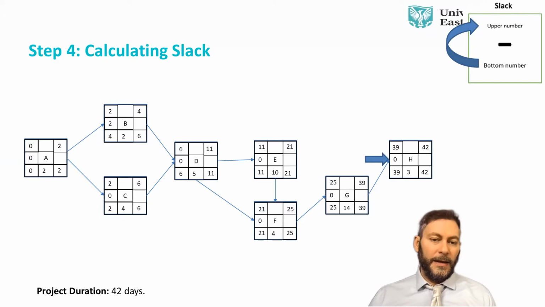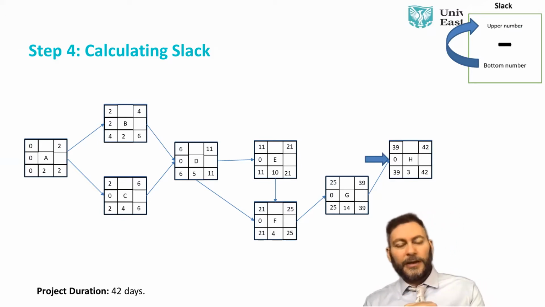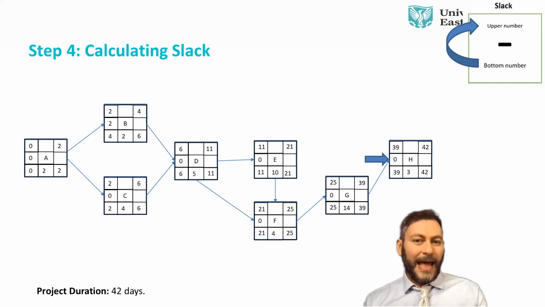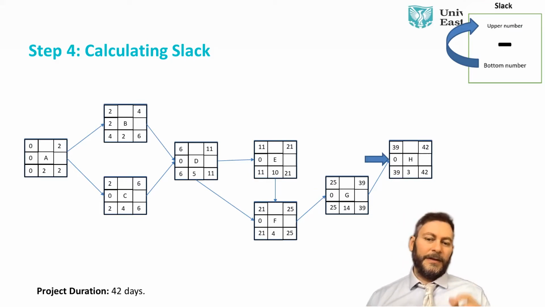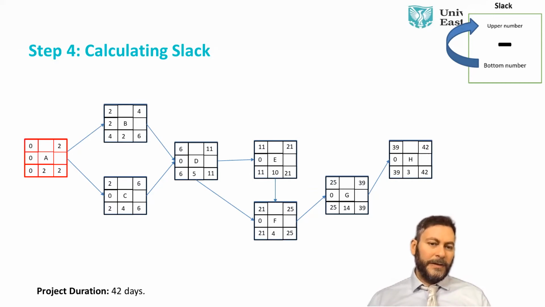So we have lots of zeros, meaning this is a very tightly planned project with very little slack, very little space. If you're late on even one of these activities, it is going to delay the whole project. And this is how we start looking at the critical path. So the critical path is we highlight all the activities that have 0 slack.